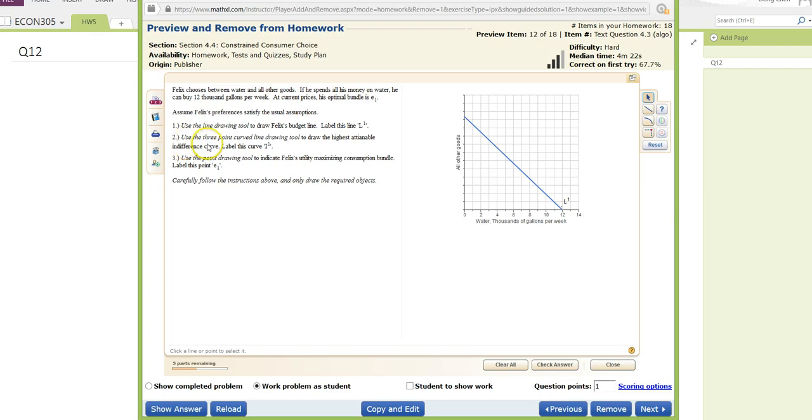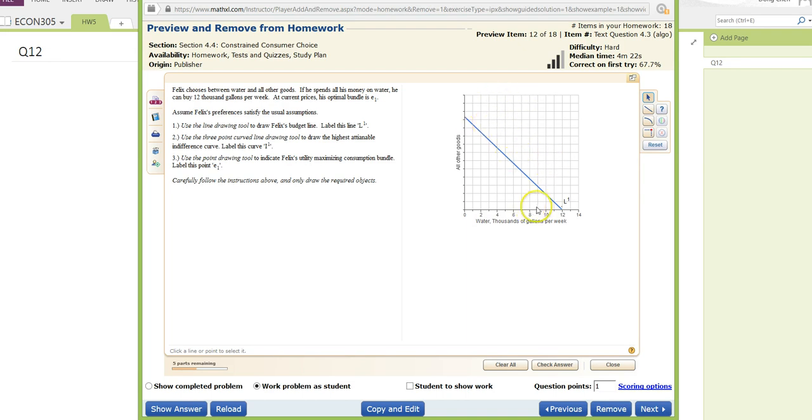And the second part: use the 3-point curved line drawing tool to draw the highest attainable indifference curve. Label this curve I1. We know that the highest attainable indifference curve has to be tangent to the budget line. We can have a bunch of indifference curves here, here, here.